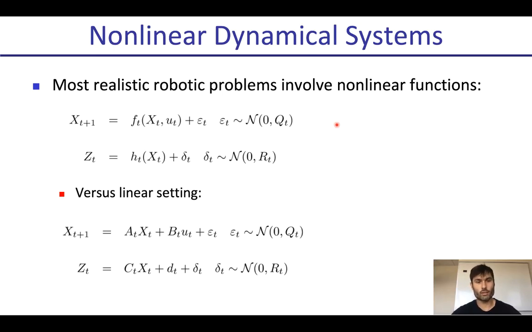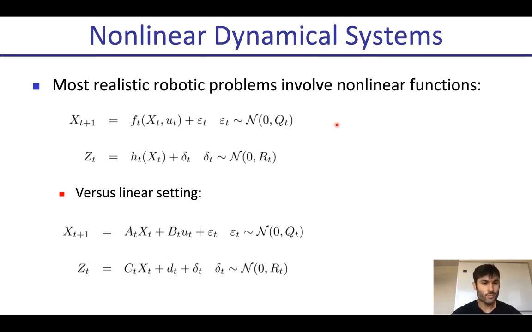So essentially your function that maps from state and action to next state is nonlinear, and also the function that maps from state to measurement is nonlinear as well. But we have the assumption that the function is deterministic, and you have to choose some extra noise on top of this function, and moreover that the noise is Gaussian.